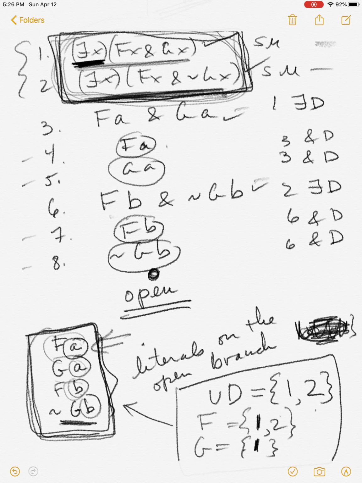One of those things is both F and G, and the other one is F, but it's not G. And so these literals that we got from the open branch of the tree give us just the interpretation that we expected. And it gave us the most streamlined interpretation that shows that these sentences form a quantificationally consistent set.